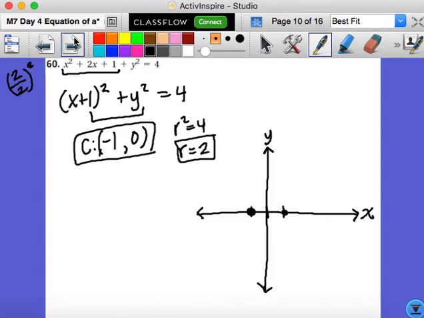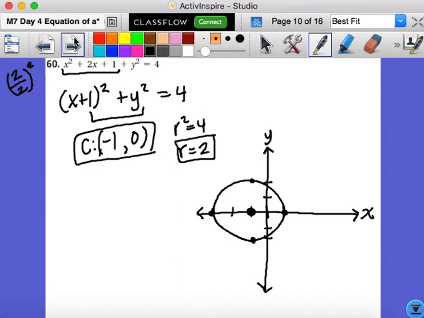So we can go right 2, we can go left 2, we can go up 2, and we can go down 2, and I can sketch that circle. Now because I made my own graph, you'll notice that's not a perfect circle. However, if we were to have had a perfectly gridded piece of paper, we could graph that very, very easily using this information.